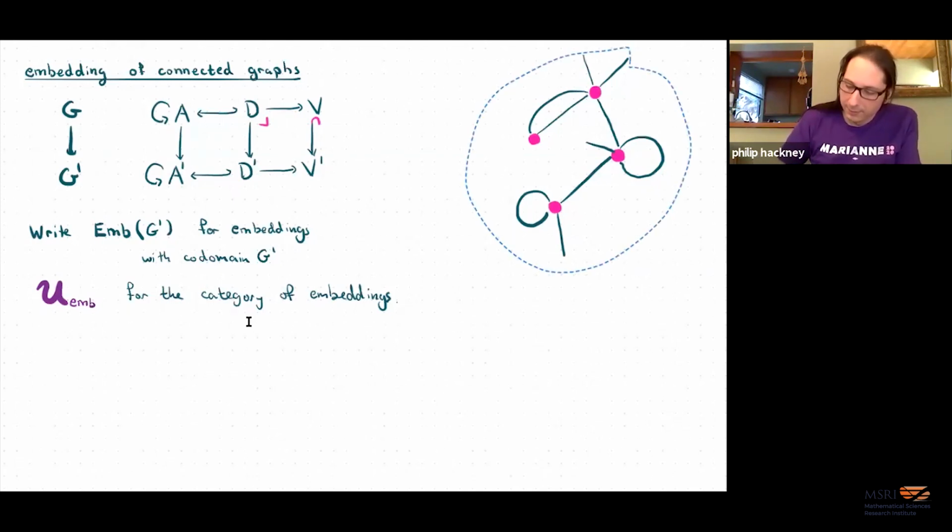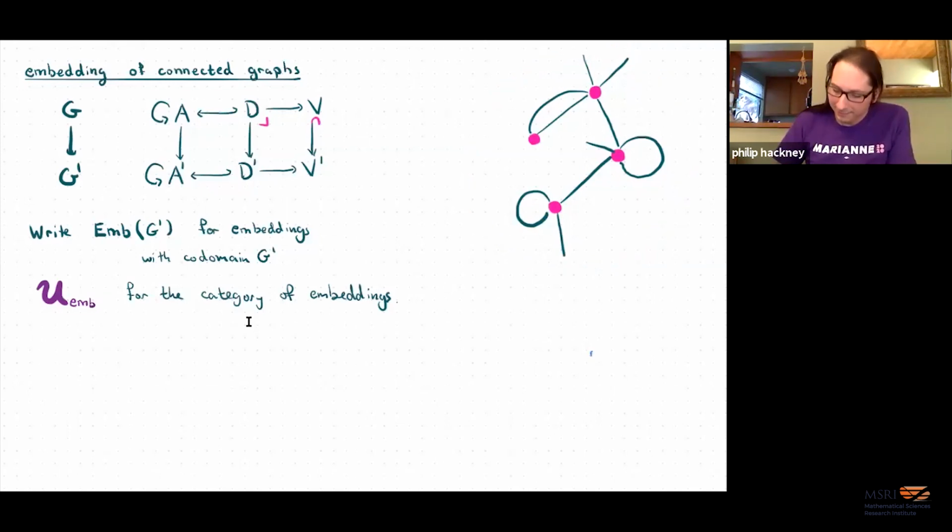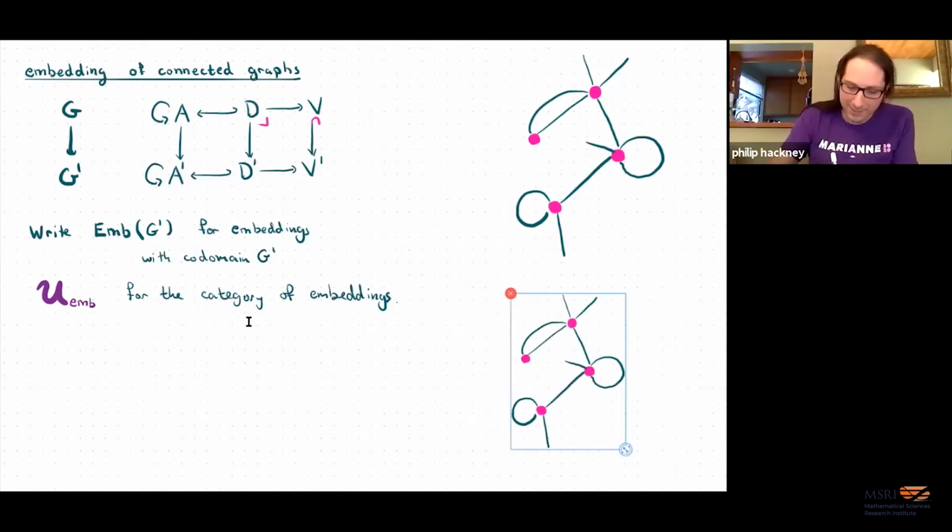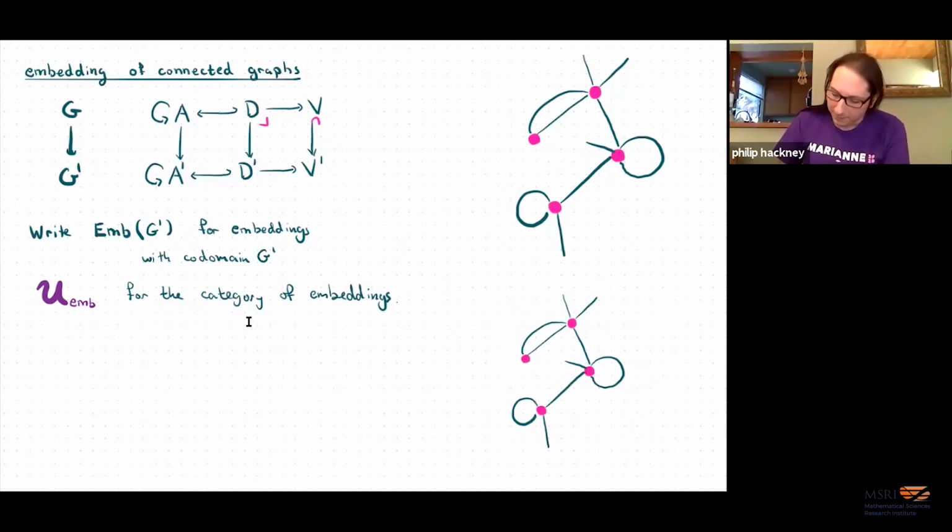So as an example, in this graph, how do I determine an embedding? Well, or in general, how do I determine an embedding? I'll pick some vertices. Maybe I'll take these.